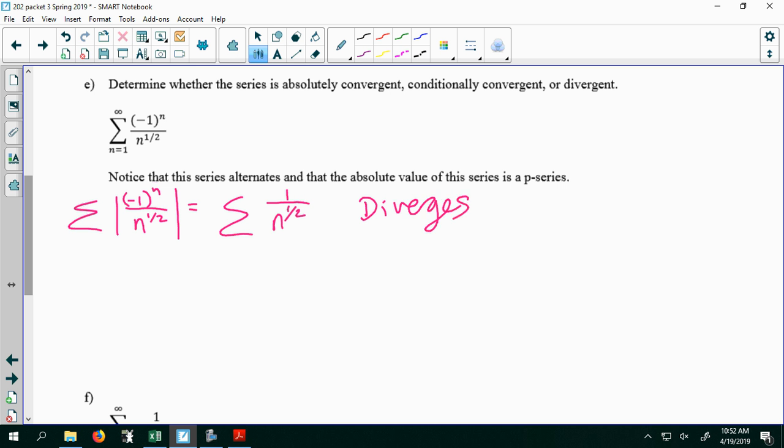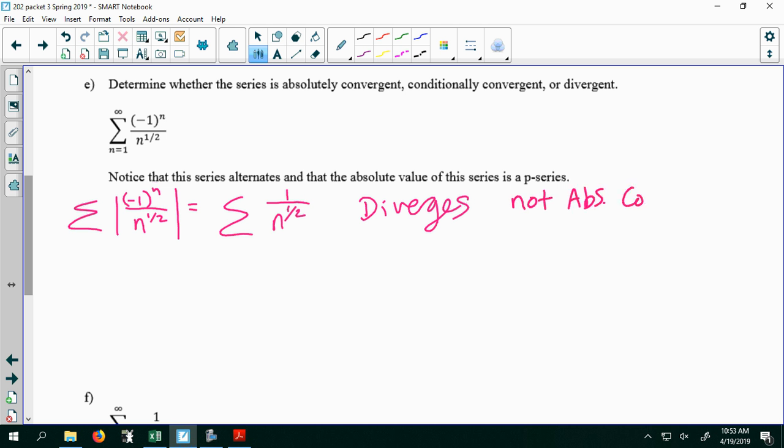Okay, so if I know that the sum of the absolute value of all the terms diverges, what does that tell me about absolutely convergent, conditionally convergent, divergent? Anything yet? Is it absolutely convergent? No. The absolute value doesn't converge. It's not absolutely convergent. So we can start there.